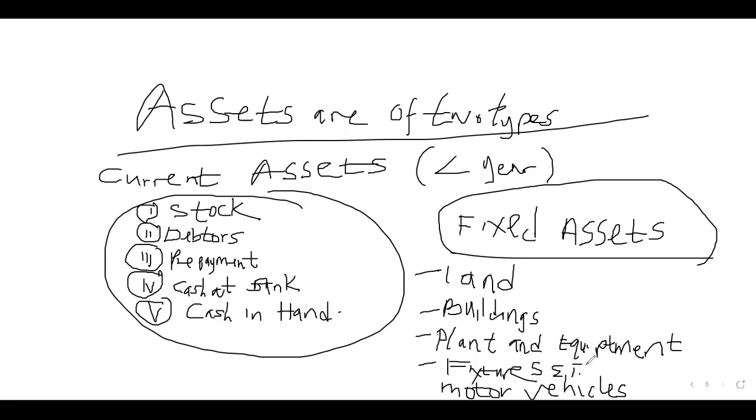So fixtures and fittings is also another part of assets, which are fixed assets. The motor vehicles. So this is just about the aspect of assets that are used in the business.